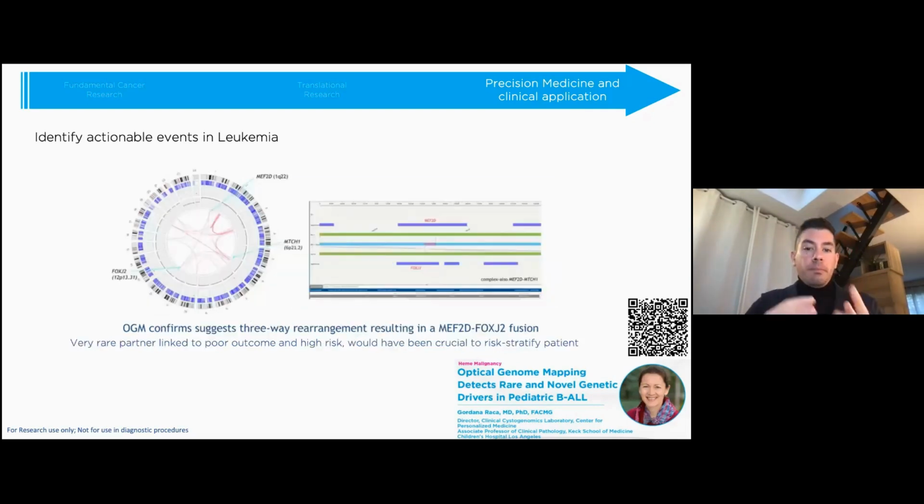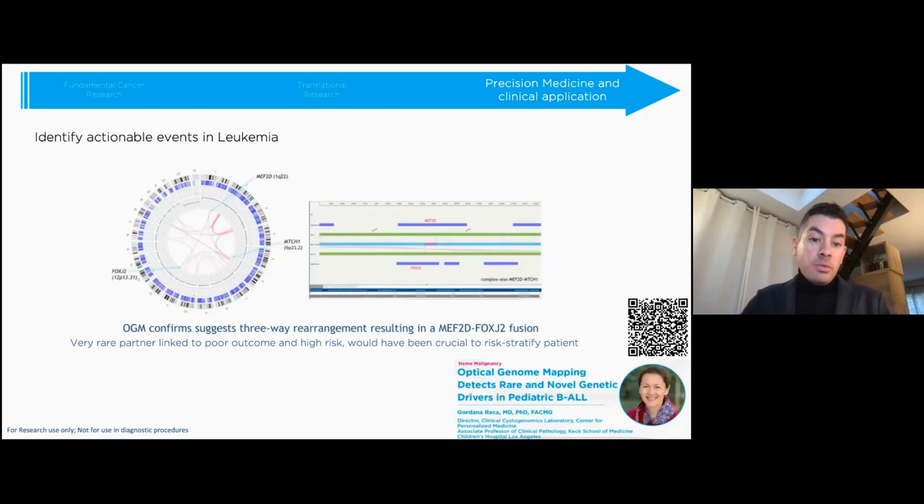This second patient was also identified as a standard risk patient and had an even worse response to treatment than the first one, and had to be involved in a CAR-T trial to get into remission, but relapsed shortly after that. Karyotyping seemed perfectly normal, and CMA didn't report abnormalities.